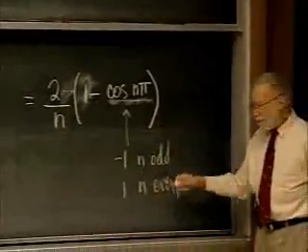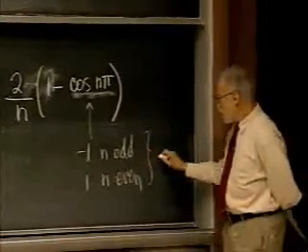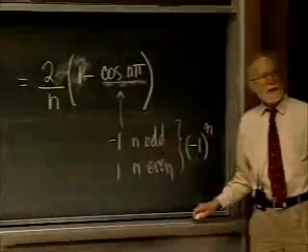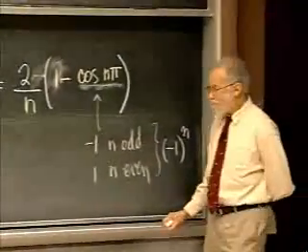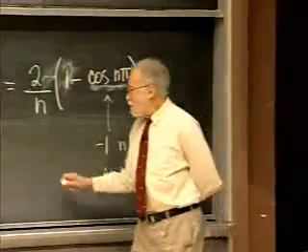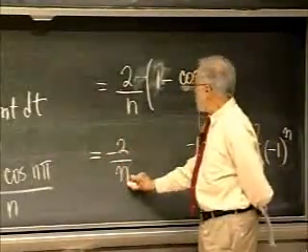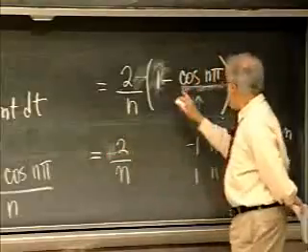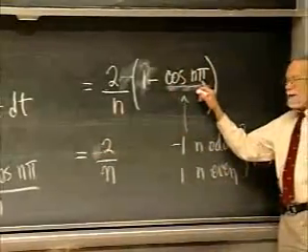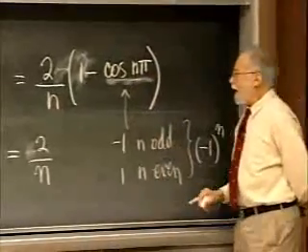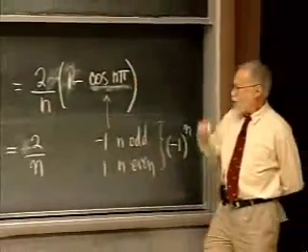Now, either you can work with it this way, or you can combine the two of them into a single expression. It's minus 1 to the nth power. Takes care of both of them. But the way the answer is normally expressed, it would be 2 over n times, if n is even, I get 0. If n is odd, I get 2.